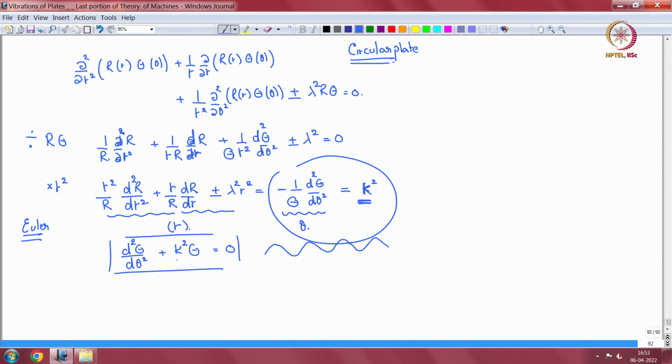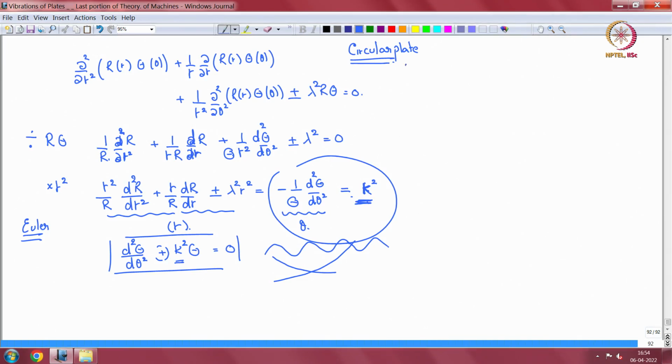If I chose a minus over here, then these would be hyperbolic functions, either decaying or going off to infinity. And we don't see that happening, and therefore what we choose is a positive real constant over here.